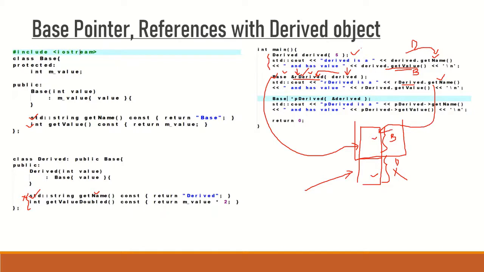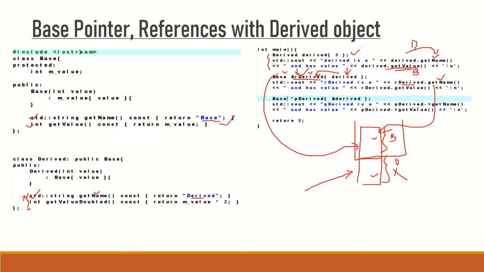The base part will return the name base. In our last example we did the same thing with the derived class reference and it returned derived, but here we are using a base class reference, so it accesses the base class part, not the derived class part.